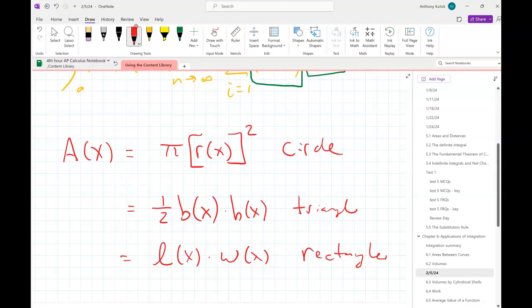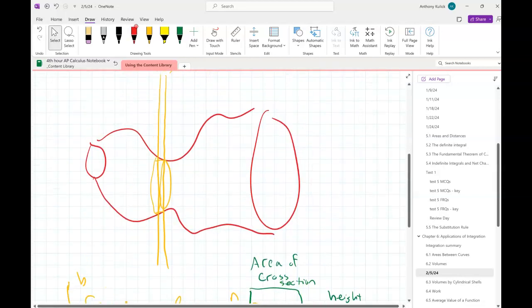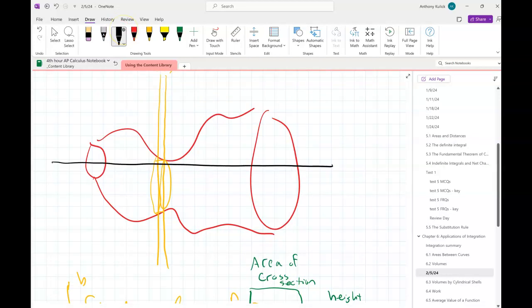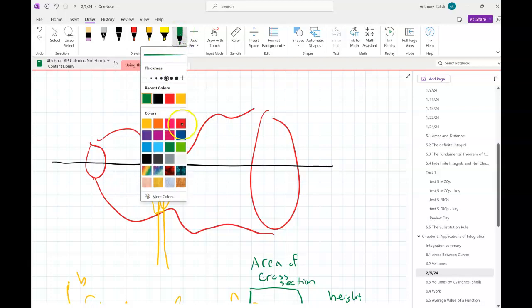Now, Braden, you made a face when I said maybe y. The reason that sometimes you'd slice one way versus the other is you want to slice so that the cross sections are all the same geometric figure. So if I slice this thing vertically, I'm going to get circles the whole way, right? Every cross section, if I slice vertically.